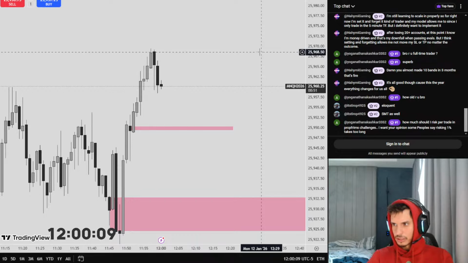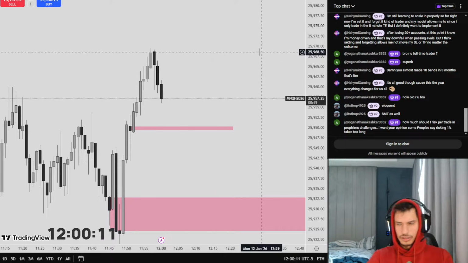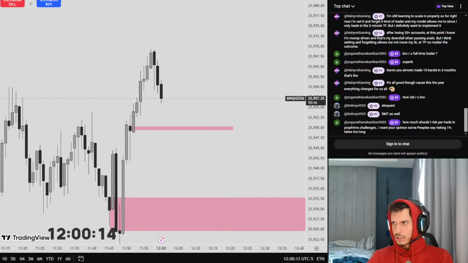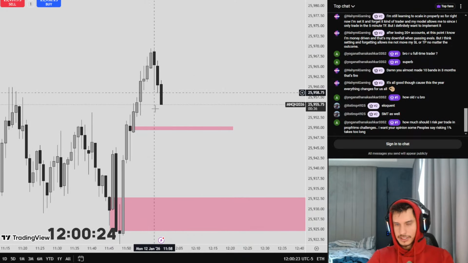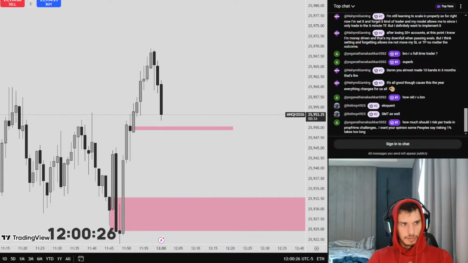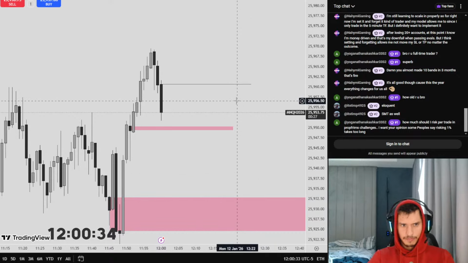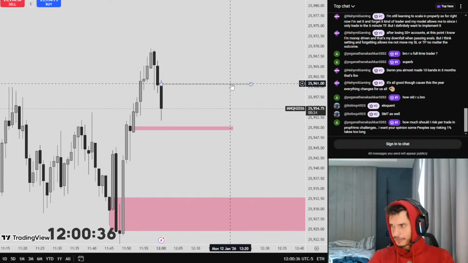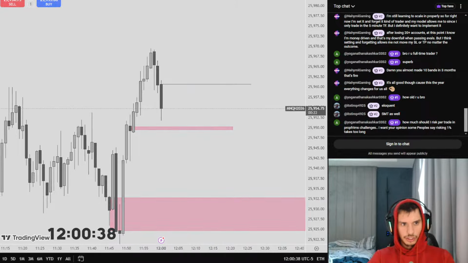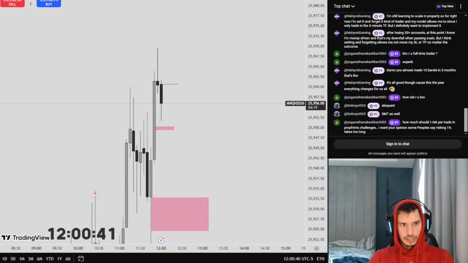See how it prints. We're getting a nice V-shaped recovery. Let's watch, keep going. I'm not really too excited for the fact that we have no top wick on the hourly candle open. So this could very well just be creating the bottom wick. But let's see.